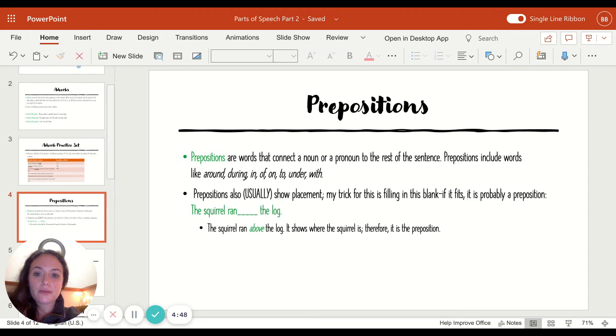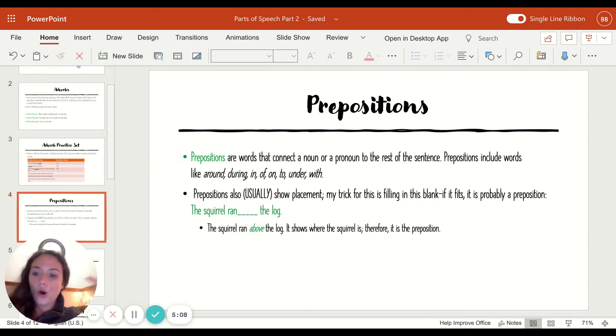All right, so prepositions are words that connect a noun or a pronoun with the rest of a sentence. So prepositions include words like around, during, in, of, on, to, under, or with. Prepositions usually show placement.